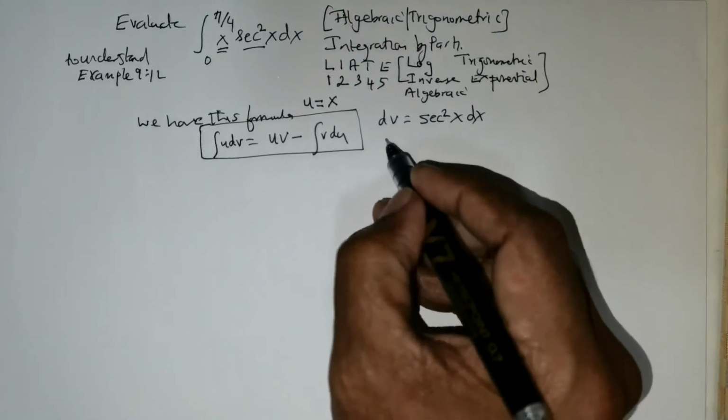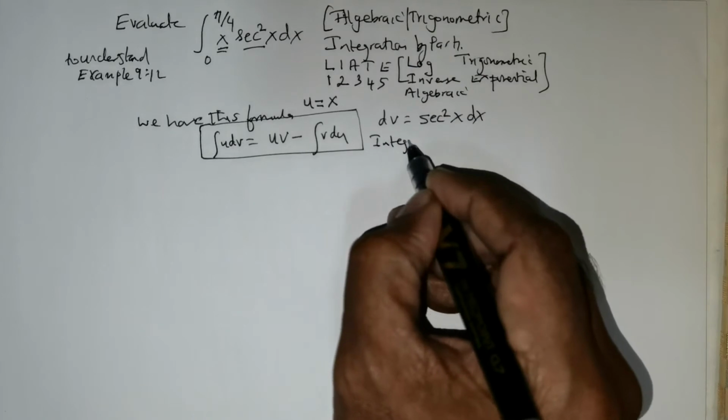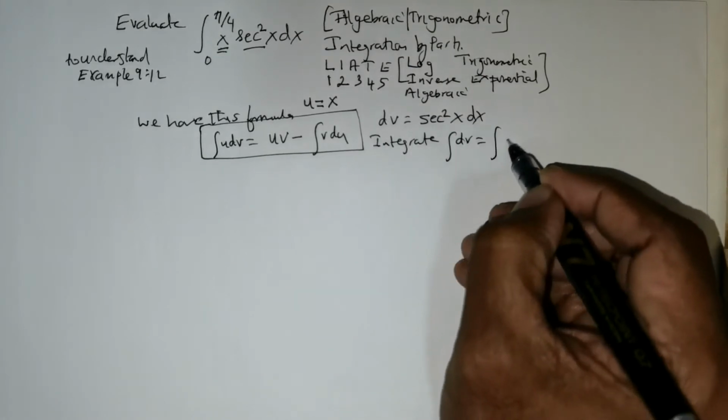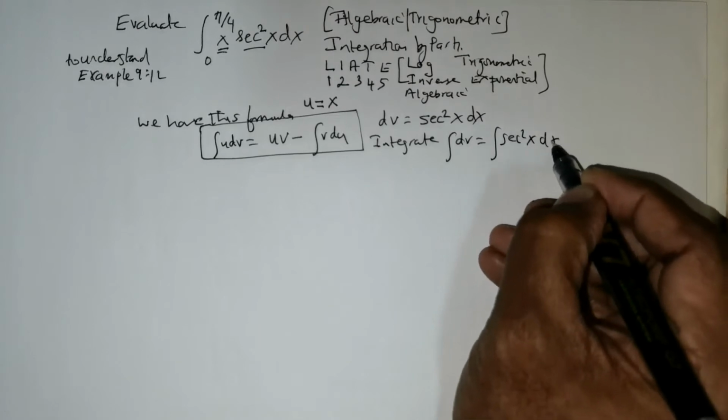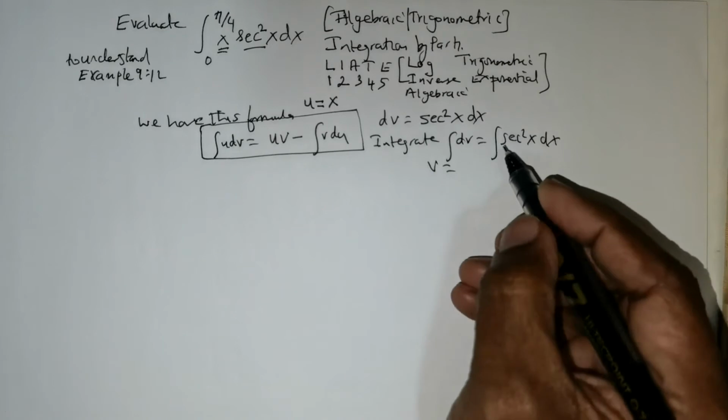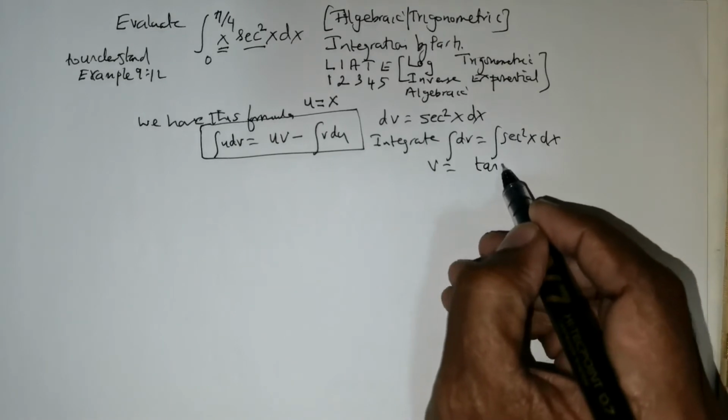To get v, I integrate. When I integrate dv, which is secant squared x dx, I get v, and the integration of secant squared x gives me tan x.